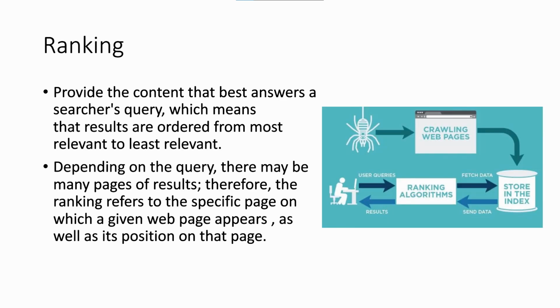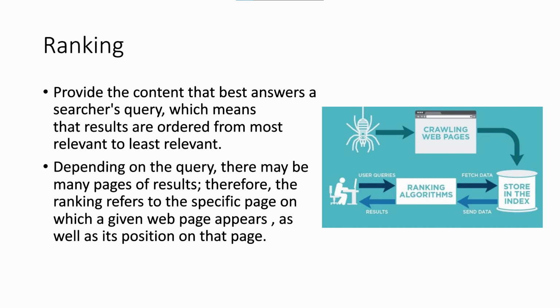Ranking is the feature which provides the content that best answers a searcher's query, which means that results are ordered from most relevant to least relevant. Depending on the query, there may be many pages of results. Therefore, the ranking refers to the specific page on which a given web page appears, as well as its position on that page.